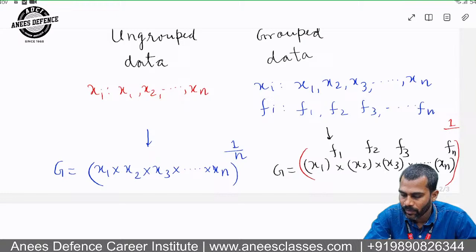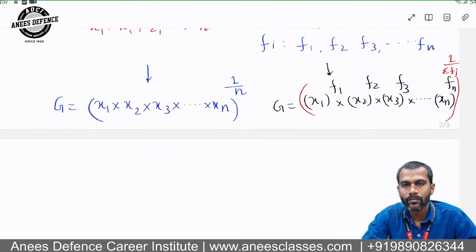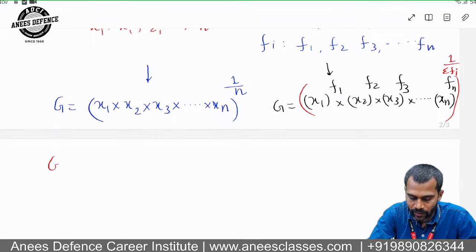So can I say 1 upon summation fi, or 1 by capital N, where N is nothing but the total number of observations? I can write this formula in a different way as well.